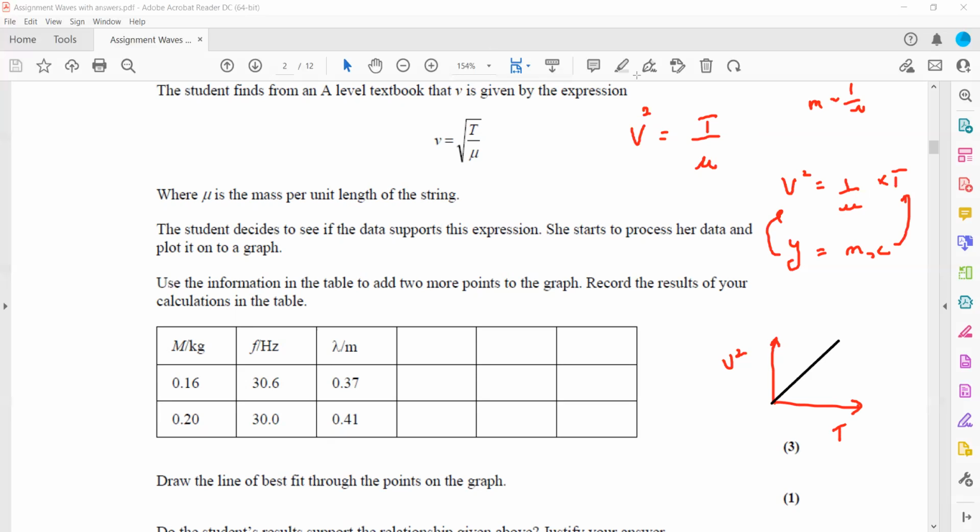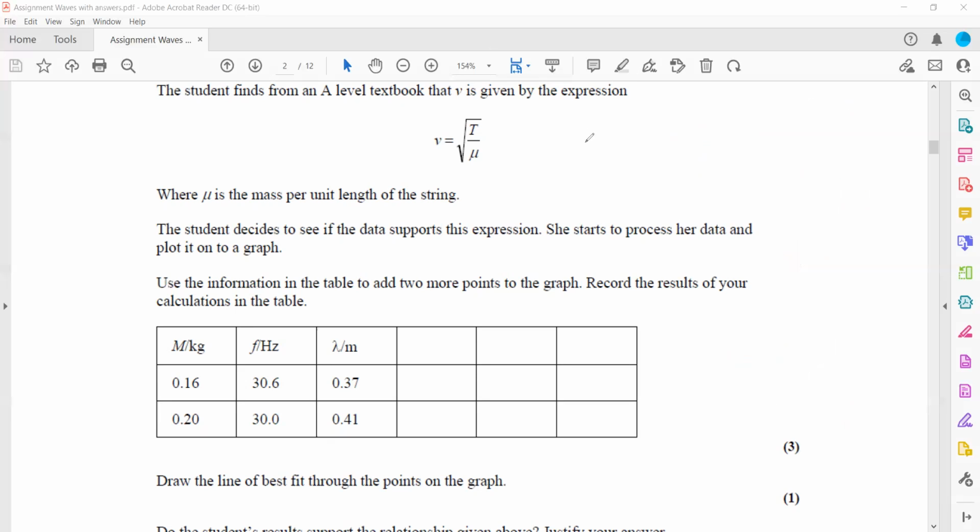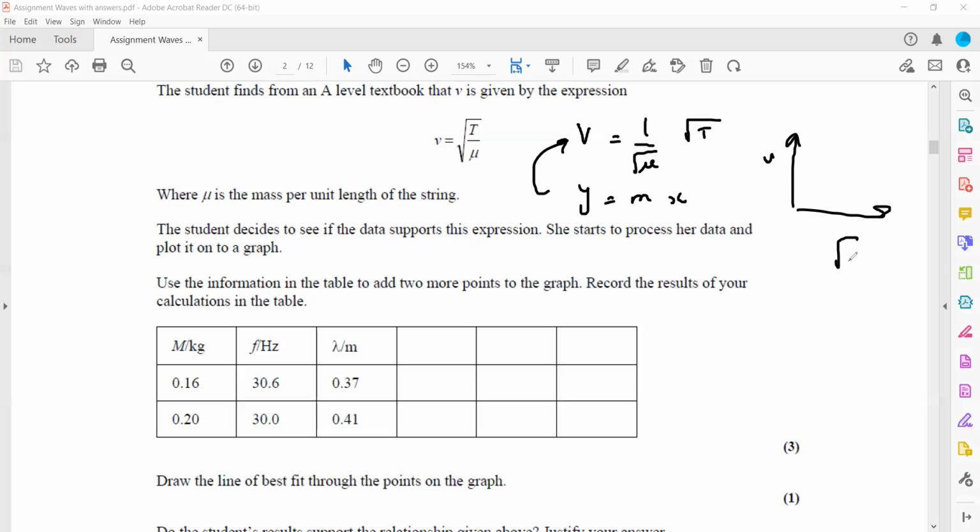Or you can also plot a graph between v and the square root of the tension. Then 1 over the square root of mu will be the gradient. So if y is equal to mx, if I plot v on the y-axis and the square root of T on the x-axis, again my gradient will be a constant, so it will be a straight line passing through the origin.